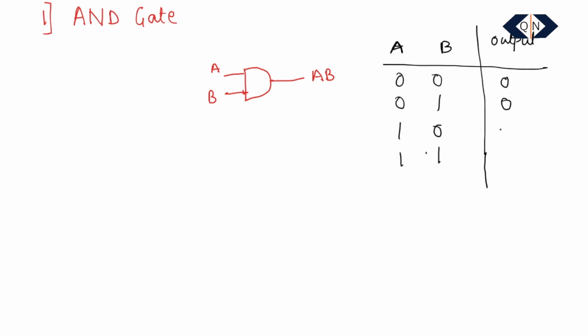If 1 into 0, we get 0. And if 1 into 1, then we get output as 1. So suppose in a certain situation you want both A and B to be 1 before you pass that information as 1. In that case, you can use the AND gate.